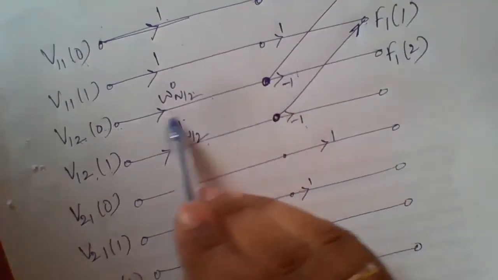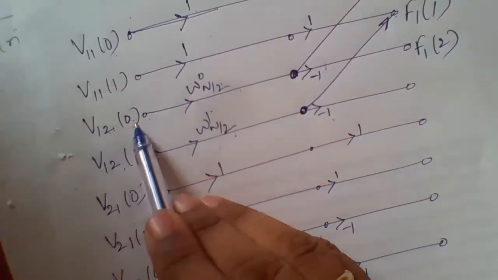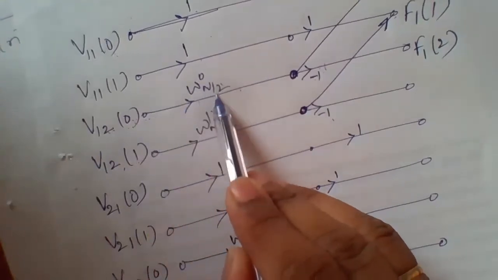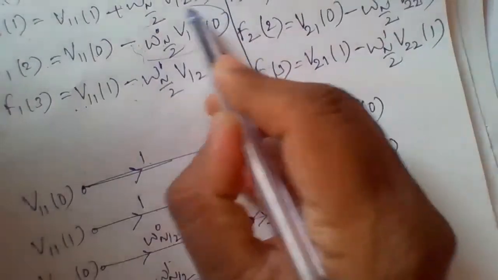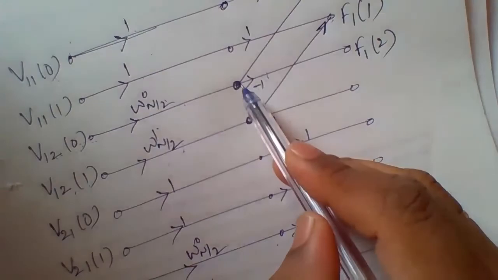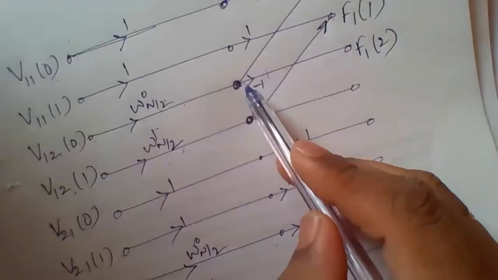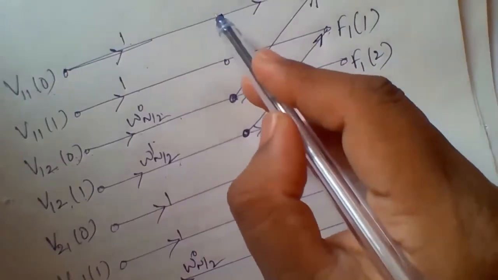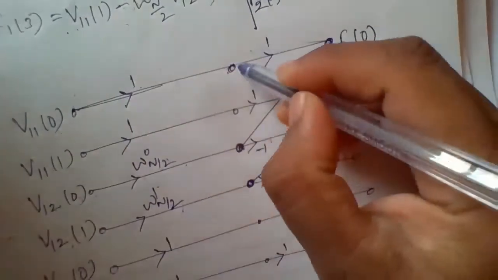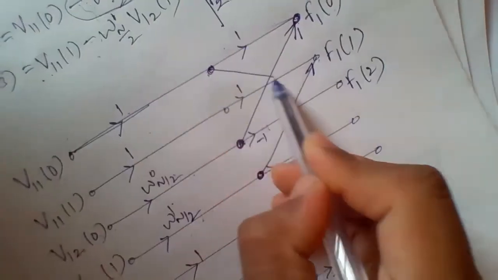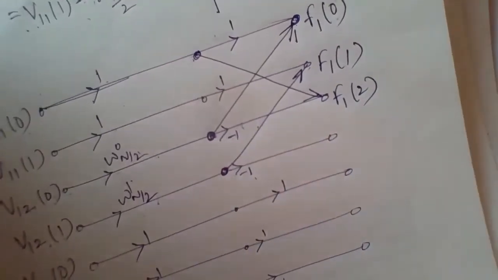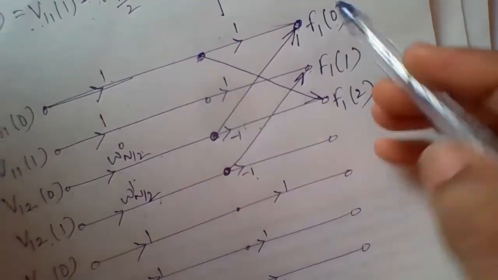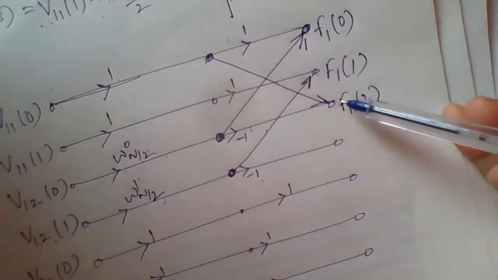Here you can see this v12 of 0 into w raised to 0 n by 2 into minus 1. Whatever this product is, it is already available at this node. Therefore I have to simply connect the first node with the f12 here, that's it. So the first line is connected with the third line.